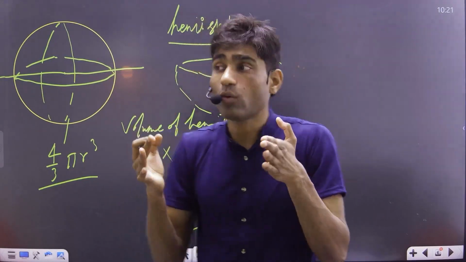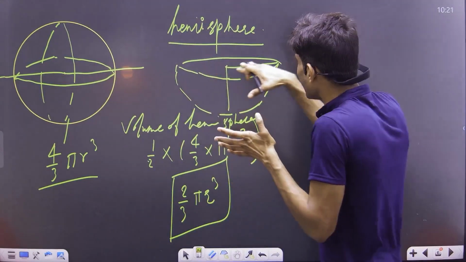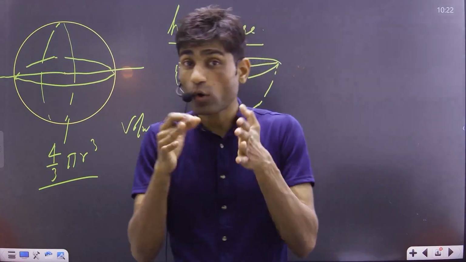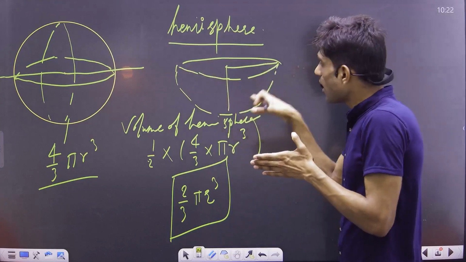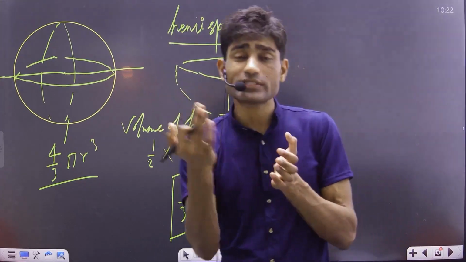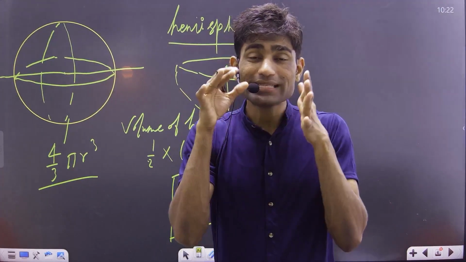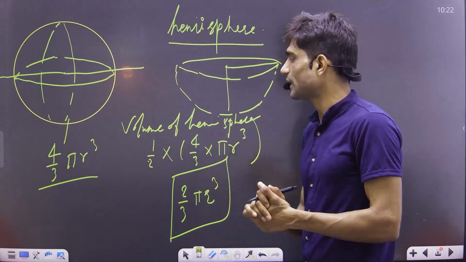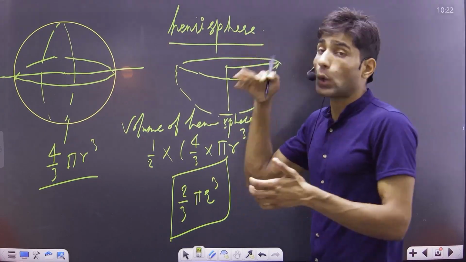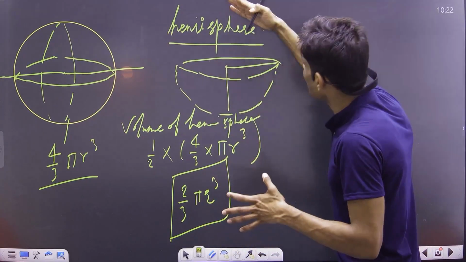Why are they never equal? Because we have the area of a top, which is a circle. Downside part we have a curved shape, that means the curved part of a hemisphere, we take this one only.